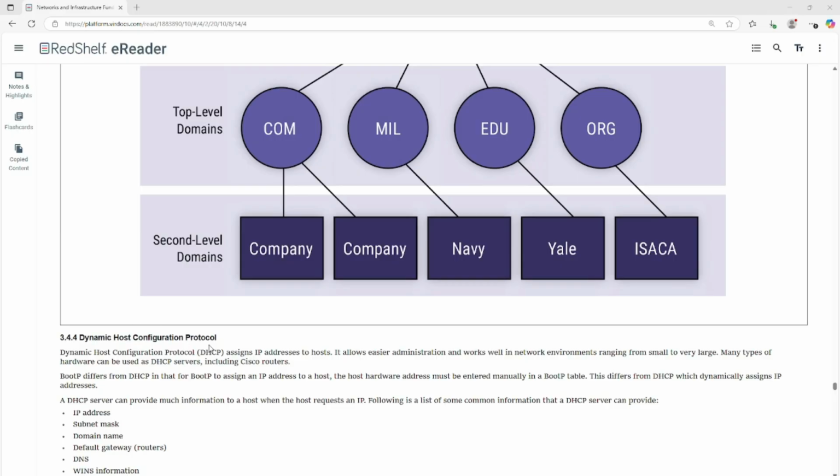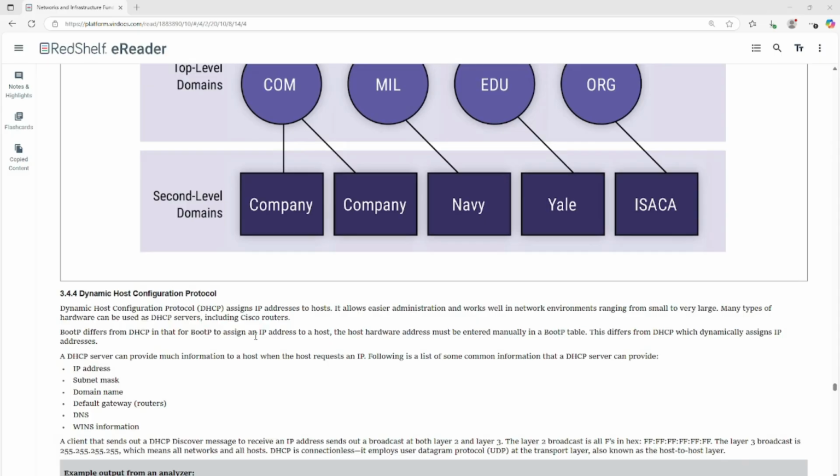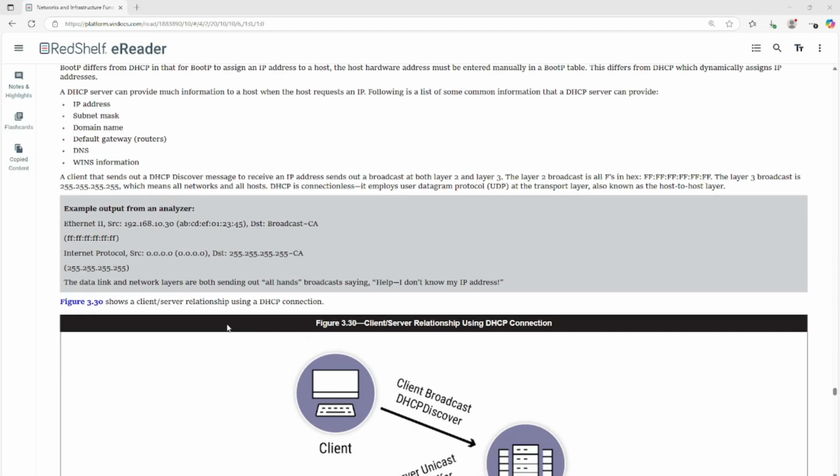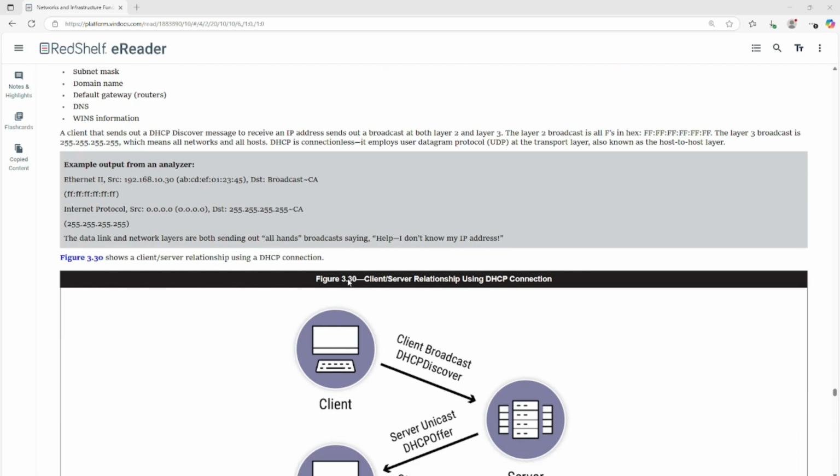Dynamic host configuration protocol. The DHCP assigns IP addresses to hosts. What is very important for you to keep in mind here is how that process works. The diagram on figure 3.30 shows us a client-server relationship using a DHCP connection.